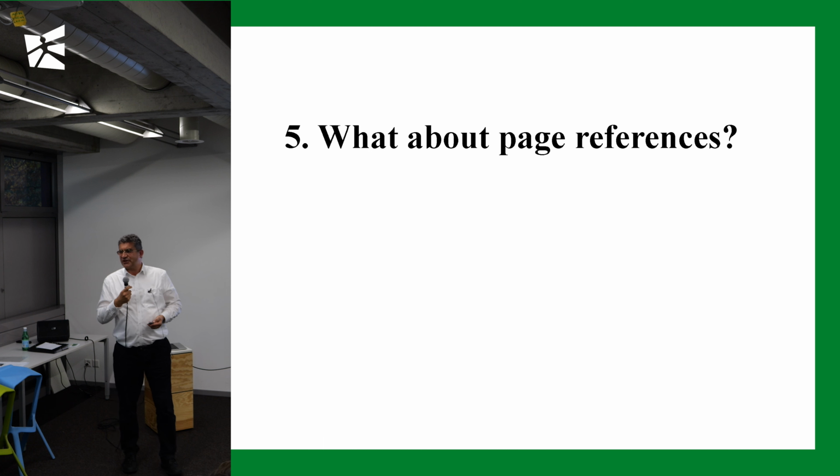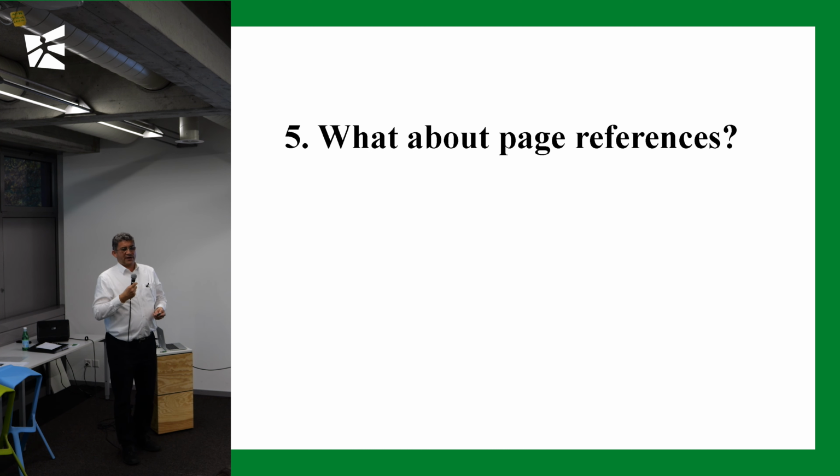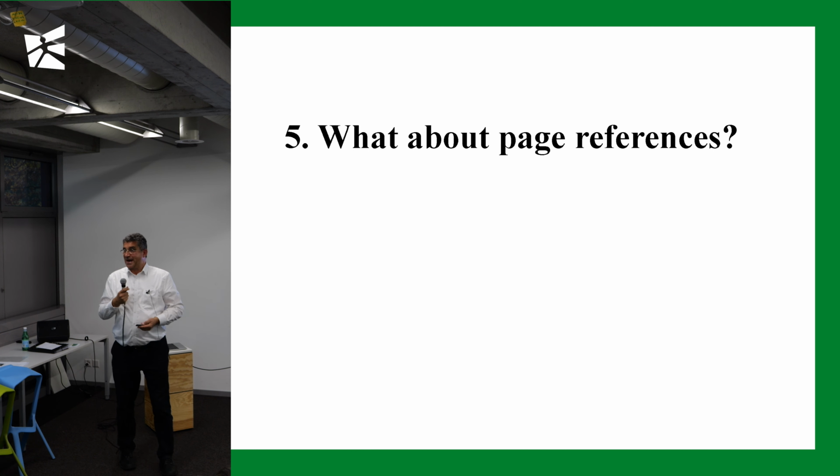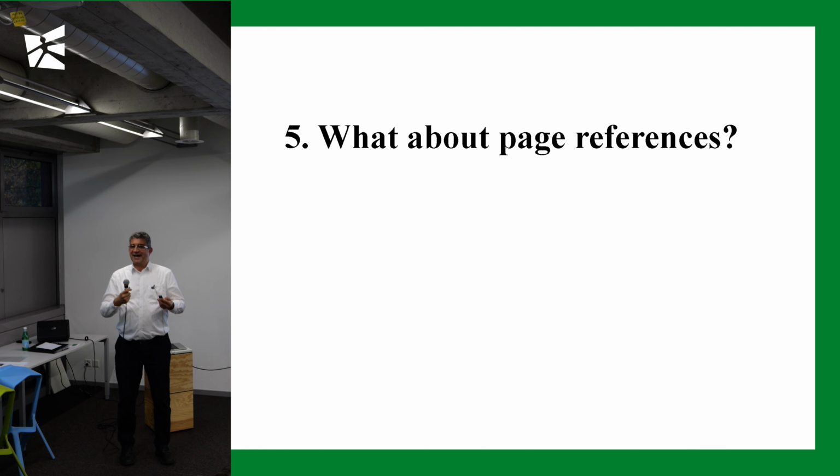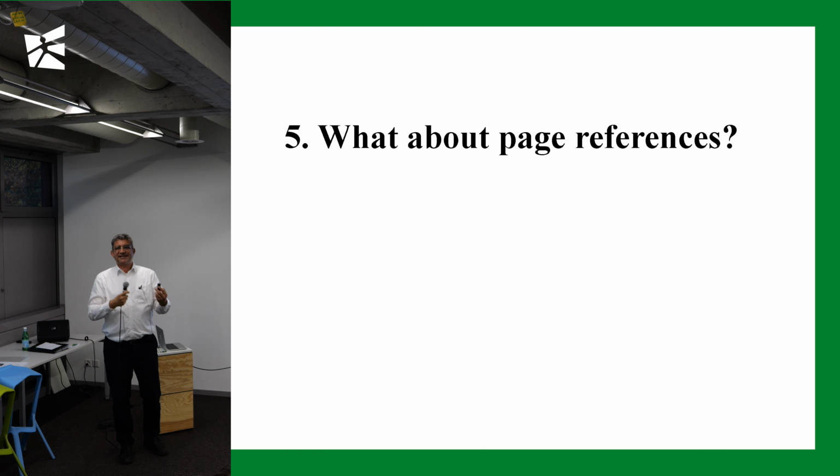What do I do with a website that has no pages? Well, I provide a paragraph or a paragraph number. I can refer my reader to a section heading. So there are always ways in which we can help readers find what we found and what we want them to find again.